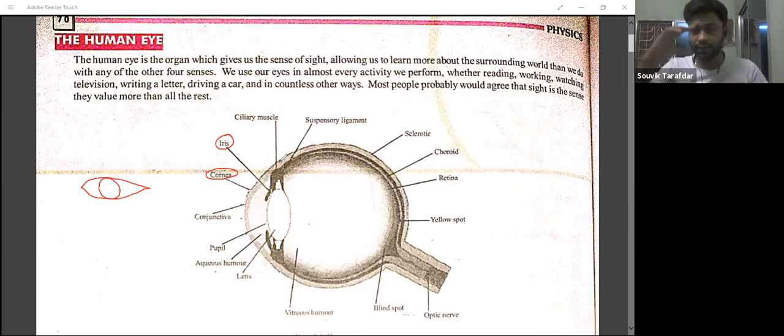When you increase or decrease the focus, it will go like this. It will become bigger, then smaller, again bigger, then smaller. That is the opening. When the opening is small, less light will be able to enter. When the opening is big, more light will be able to enter. Is it clear or not?